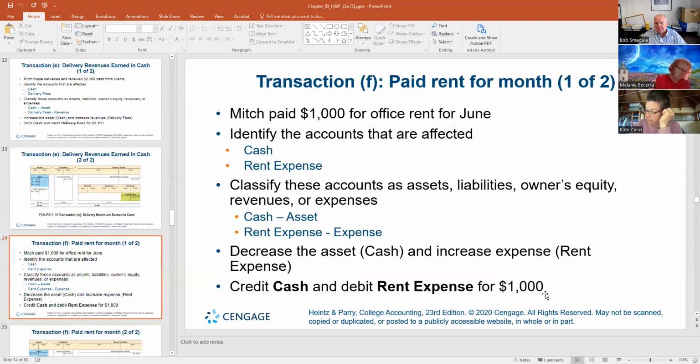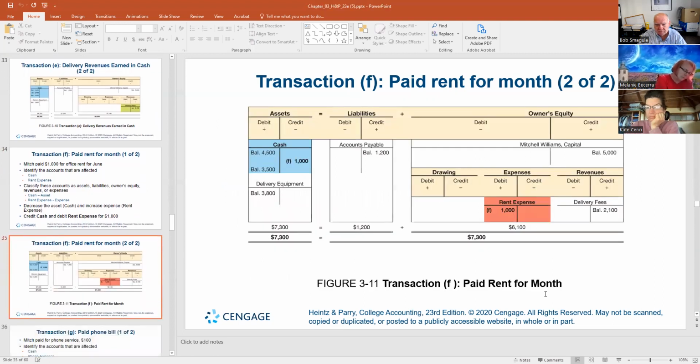He paid the rent. The rent expense is going to be going up. We're going to debit the rent expense for 1,000. And since we paid for it, we're going to credit cash. So we increase the rent expense with a debit, since expenses have a normal debit balance, and we're going to credit cash.